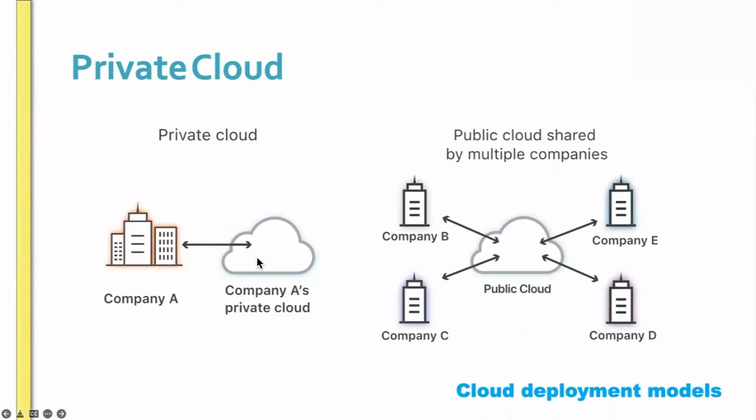They should build the data center and use the private cloud within their premises. In that case, none of the other companies can host in that private cloud, only that company. This is called private cloud. What will be the use case of this? Can anyone say?